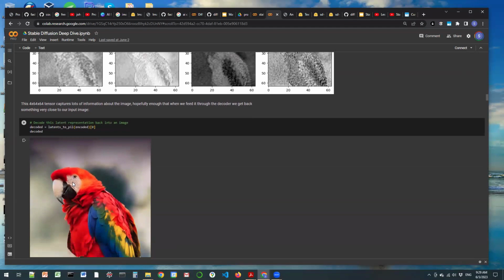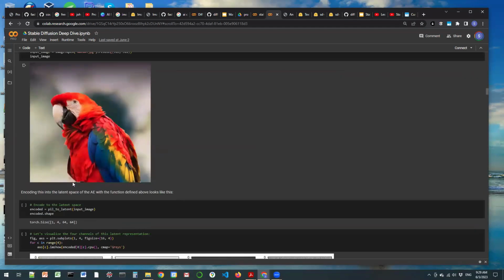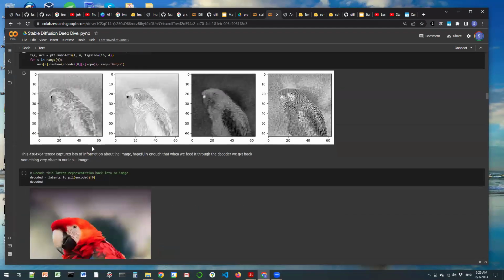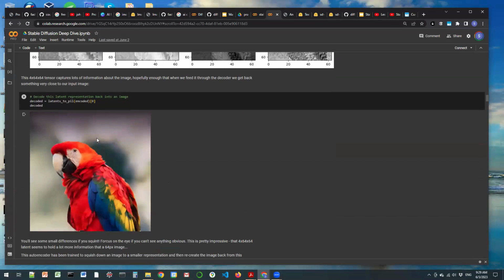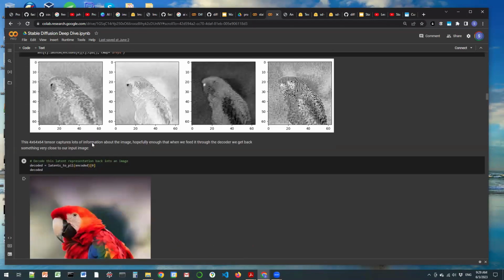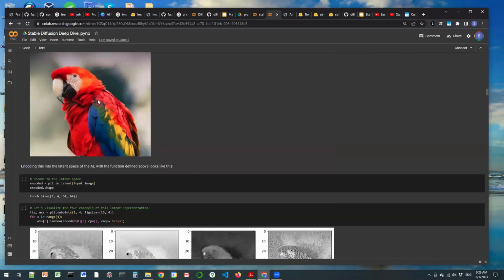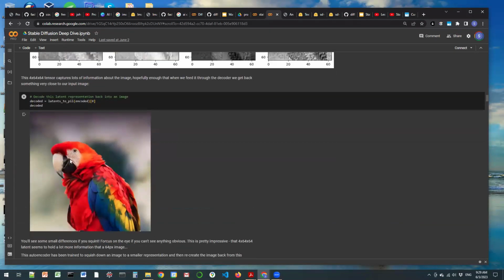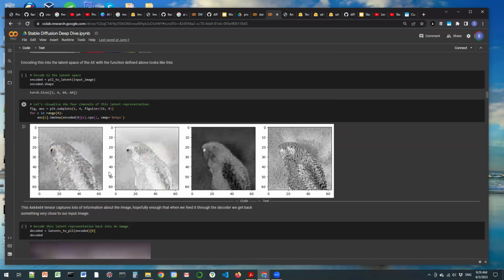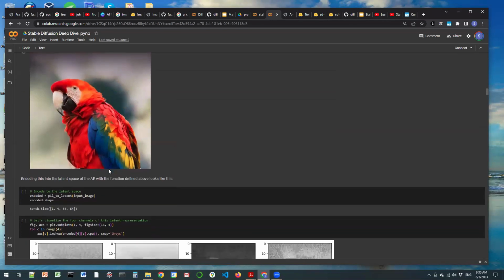Unless you have a very sharp eye, which I don't, it'll be very hard to distinguish between the VAE decoded image and the original image downloaded from the internet, because all that happened to this image is it was taken through the encoder, which means compressed, and then taken through the VAE decoder again to get the input back. But it's not exactly the same, because it's encoded and decoded.